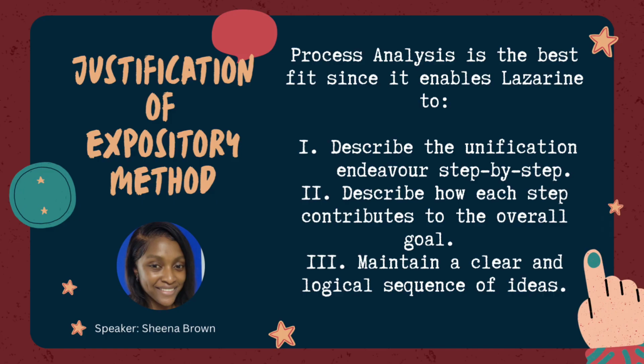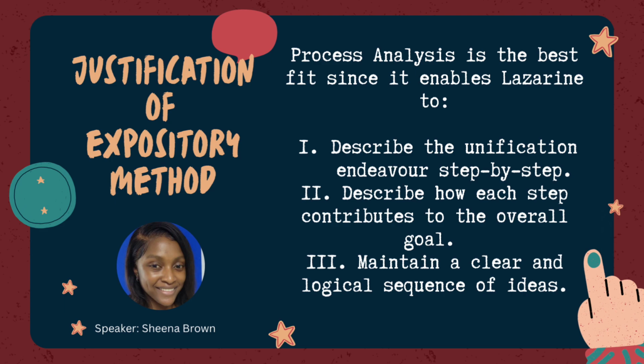By using this method, Lazarine can guide her readers through the process as if she were offering directions or describing how something works, in this case, how Caribbean unity can be genuinely achieved.